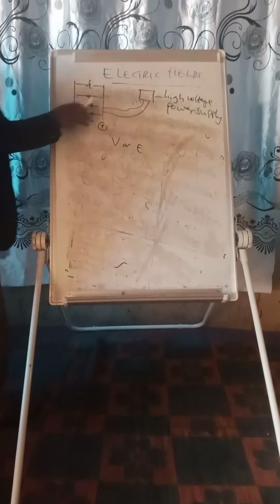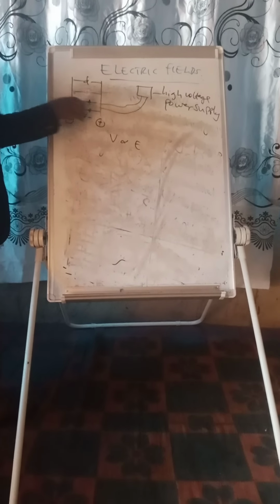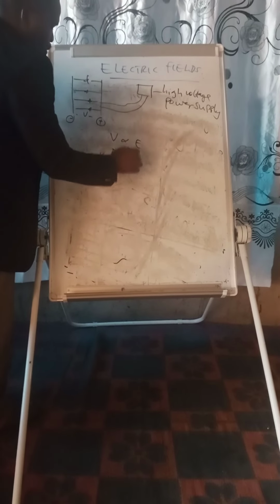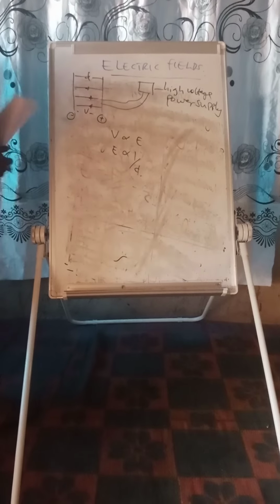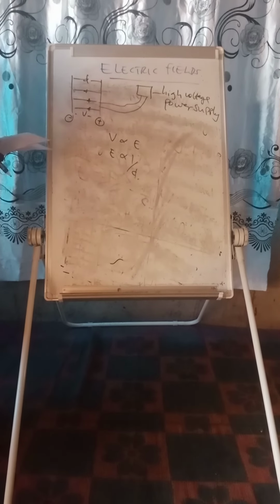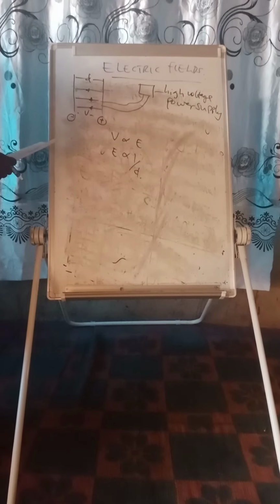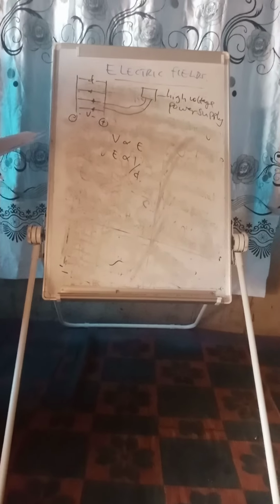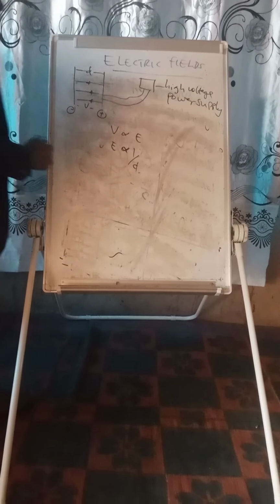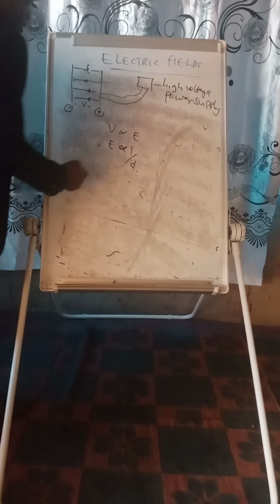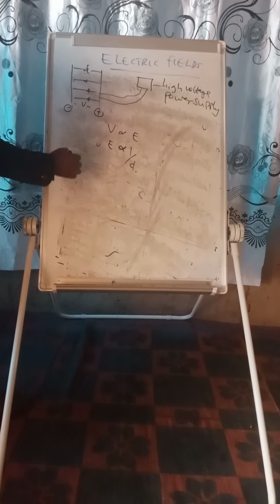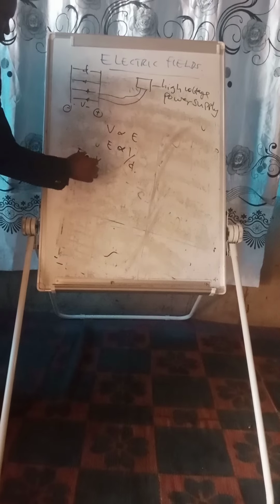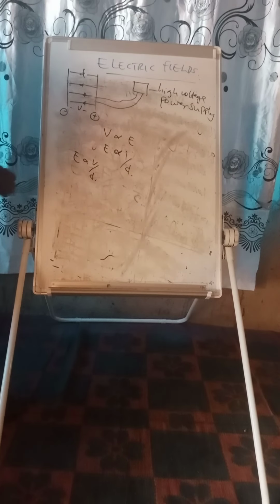So electric field strength is inversely proportional to D. By combining, we find that E is directly proportional to V and inversely proportional to D.